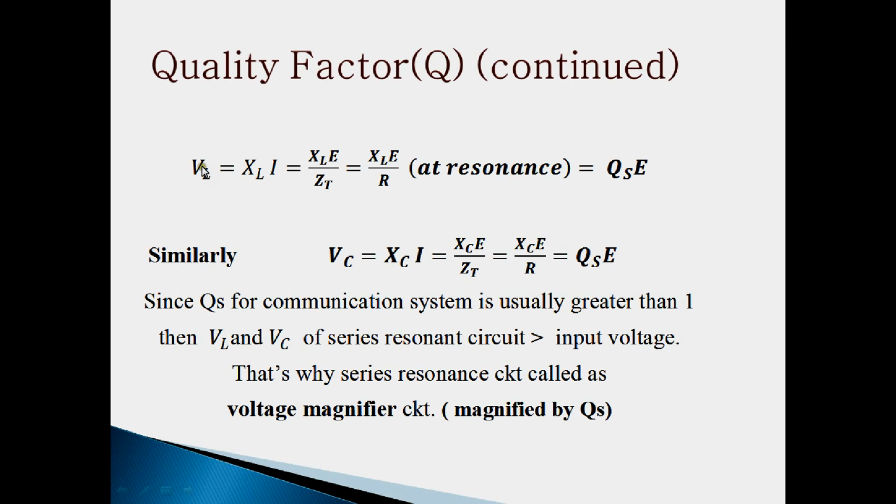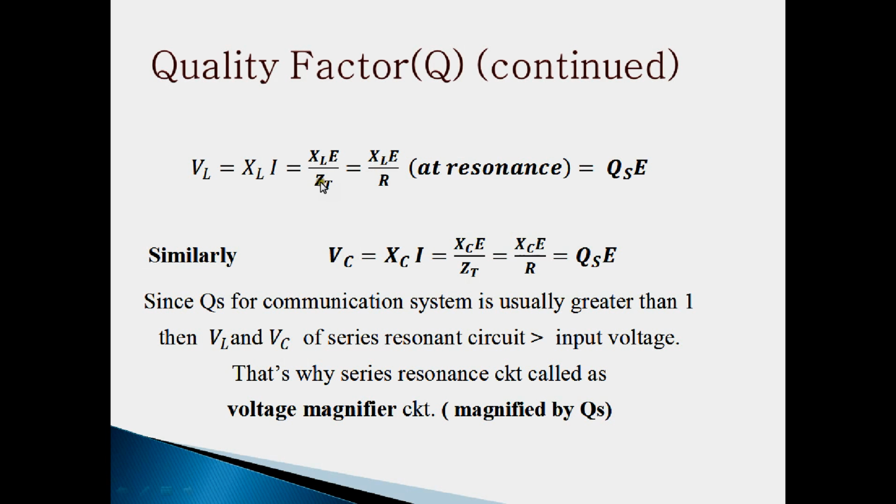Now, voltage across inductor. General formula is XL, reactance of inductor, into current. Current is equal to applied voltage divided by total impedance in the circuit. So VL is equal to XL into applied voltage E divided by ZT.